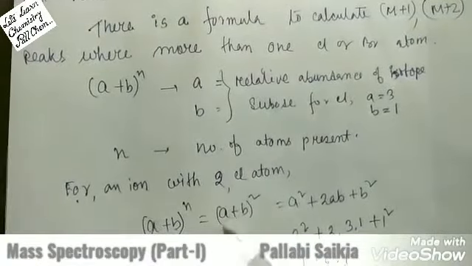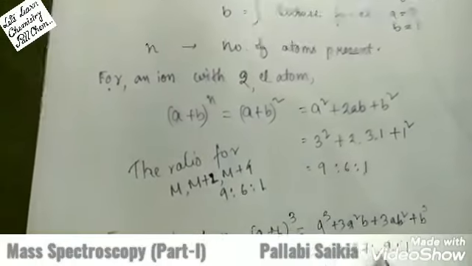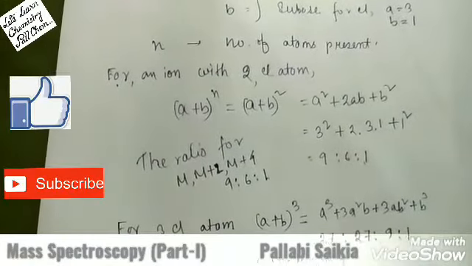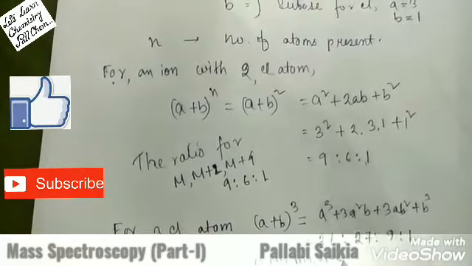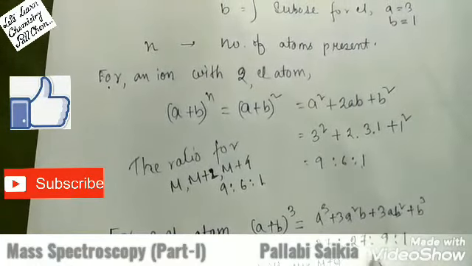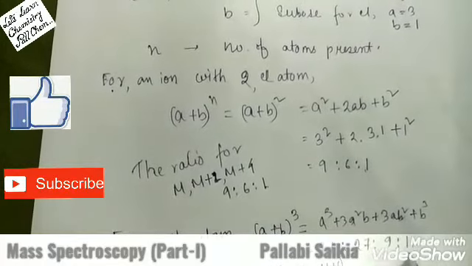9:6:1. Similarly, if the molecule has 3 chlorine atoms, then (a+b) to the power 3, a³ + 3a²b + 3ab² + b³, where a value is 3, b value is 1, gives 27:27:9:1. So the M, M+2, M+4 and M+6 ratio will be 27:27:9:1.